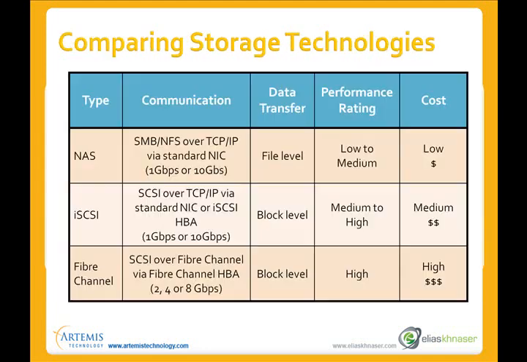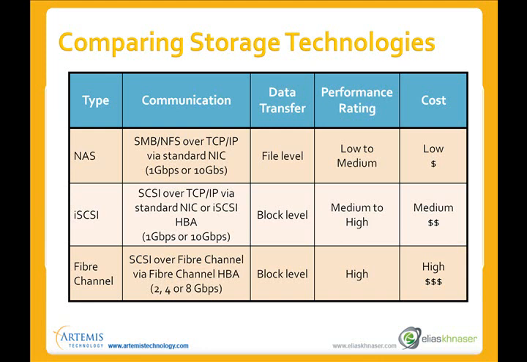Alright, in this next table, which is pretty cool, we're giving you the type of storage here. Let's start with NAS. Now NAS will support SMB and/or NFS over standard TCP/IP using a standard NIC. Now the data transfer, as I mentioned to you before, is a file level data transfer, and the performance rating when compared to iSCSI or Fibre Channel is going to be low to medium.